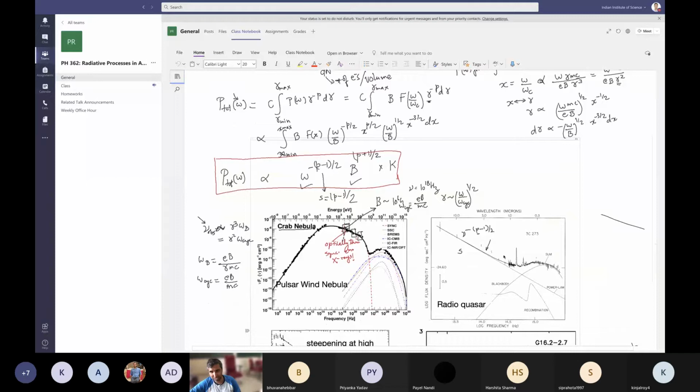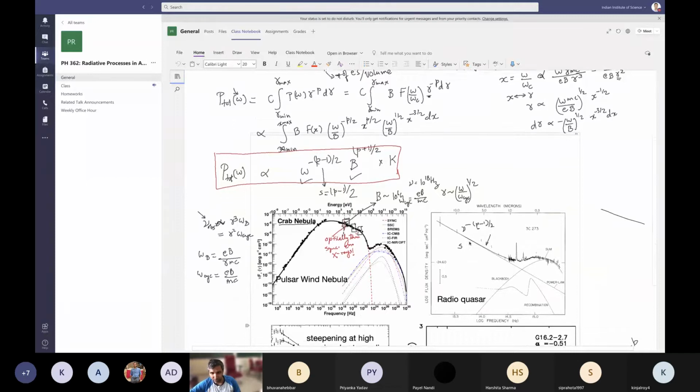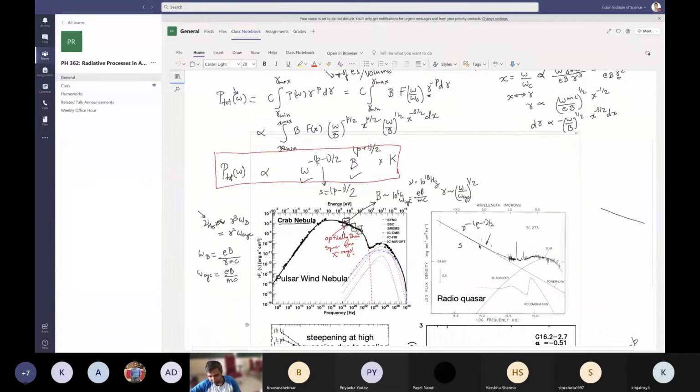For example, here is a real observation of a radio quasar. Forget about this, this is thermal radiation and lines and so on. But this radio part at low frequencies is a power law, and very likely this comes from synchrotron emission due to relativistic electrons in some jet.